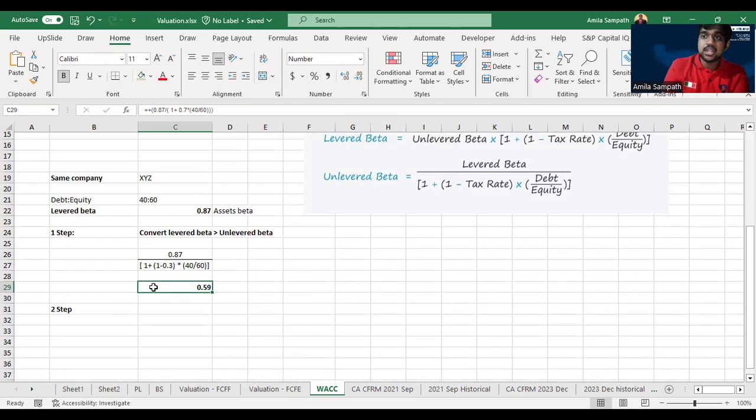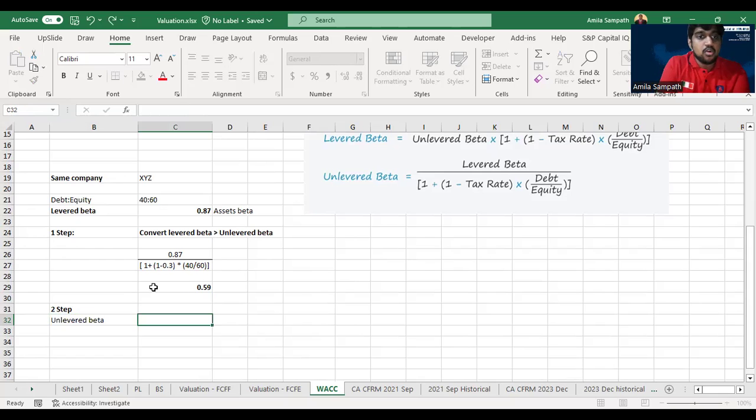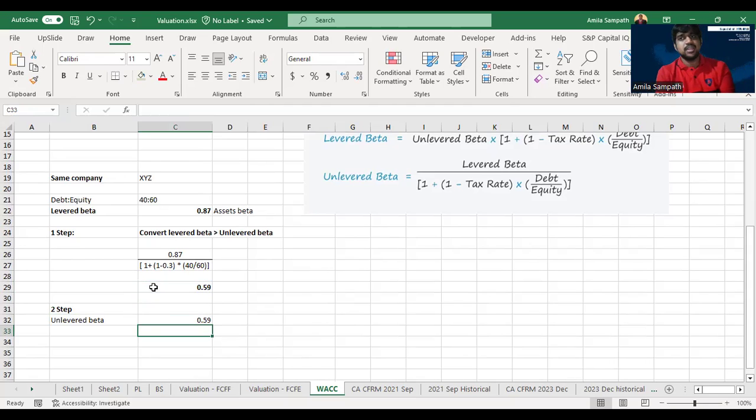Therefore, if our company is also 100% financed from equity, our unlevered beta also should be similar to this one, 0.59, because XYZ is comparable for our ABC PLC. So our unlevered beta should be exactly similar to our comparable company.